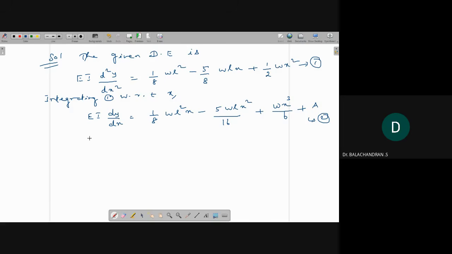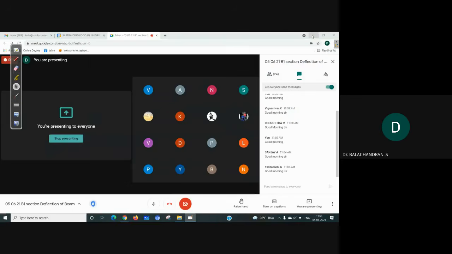Okay. So for this, I am going to use the end condition. The end x is equal to 0 of the beam is clamped. Therefore, what is the end condition?